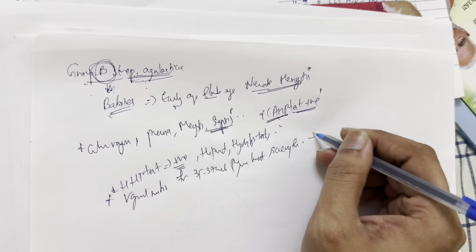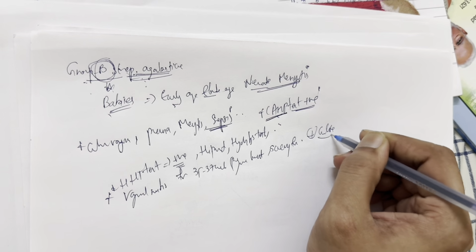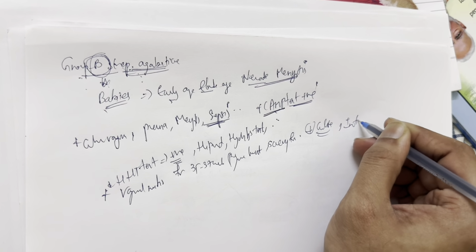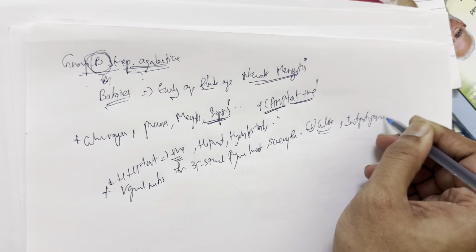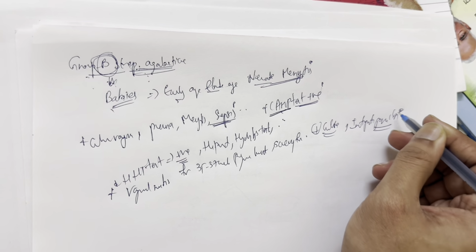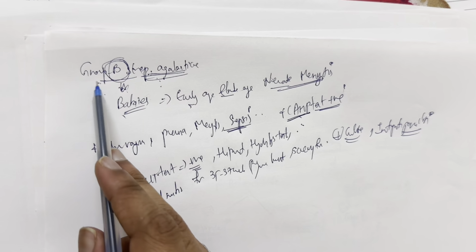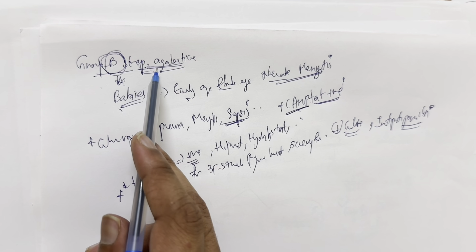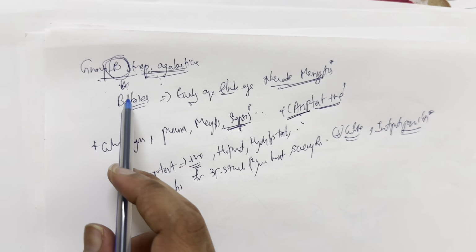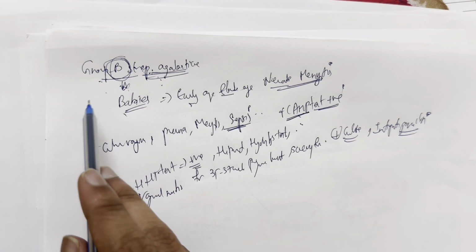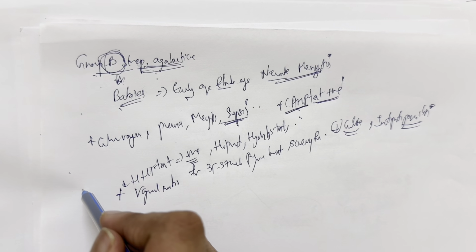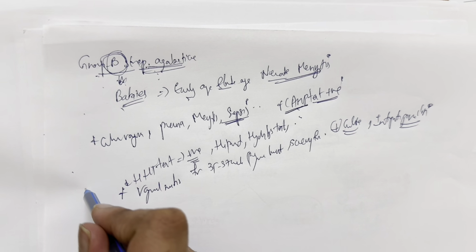If we see a positive culture in the swab, we can give intrapartum penicillin as prophylaxis. So that concludes our discussion on group B Streptococcus, Strep agalactiae. If you remember these points, I'm sure you can answer most questions on it.